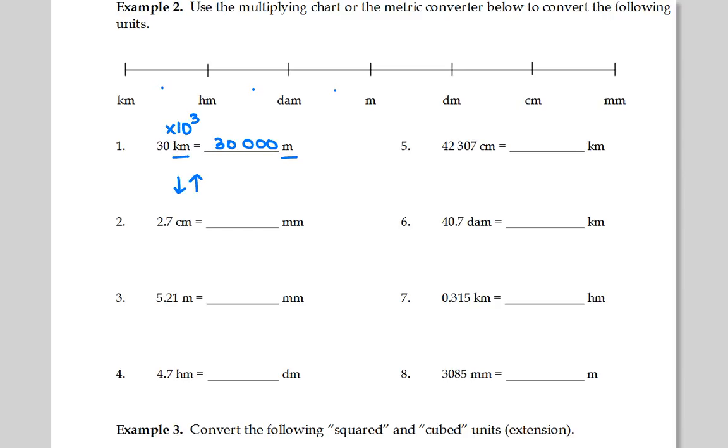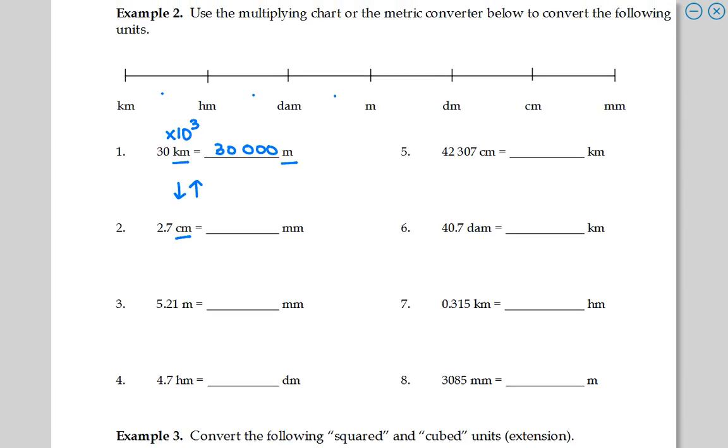I'm going to do the first column, you're going to do the second column. Okay, centimeter to millimeter. Unit got smaller, number gets bigger by how many jumps? One jump, 27. Not too bad, eh? It's just decimal moves. Meter to millimeter.